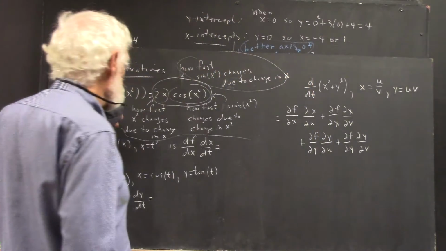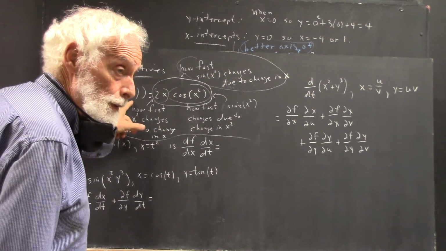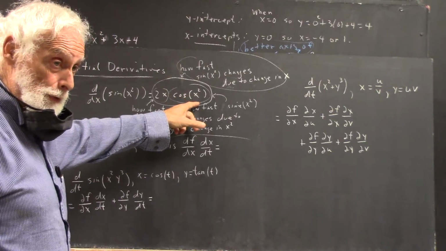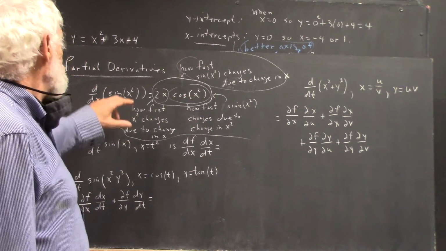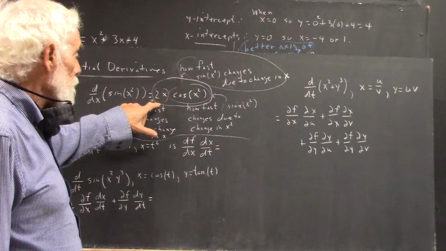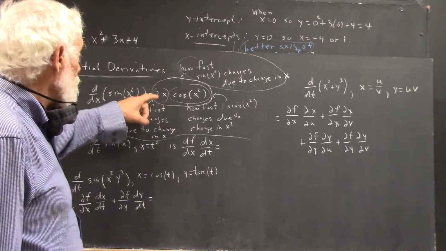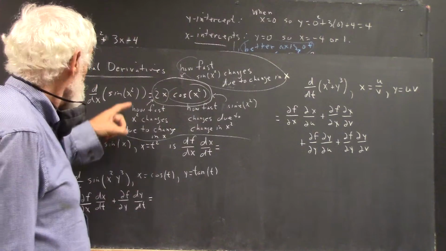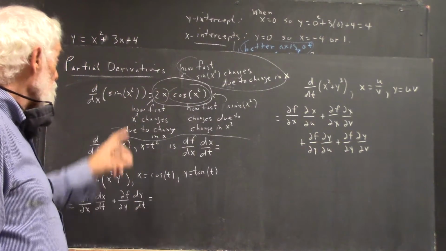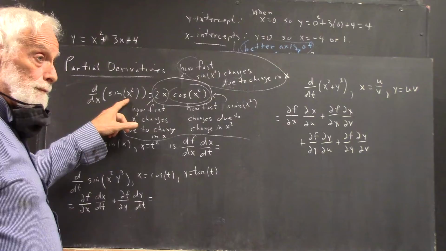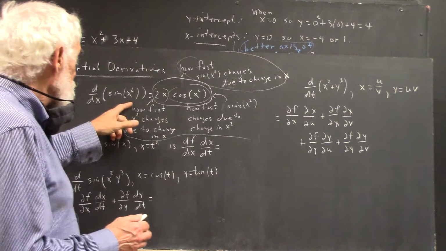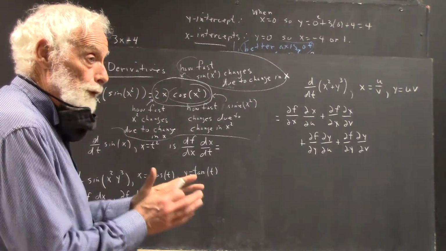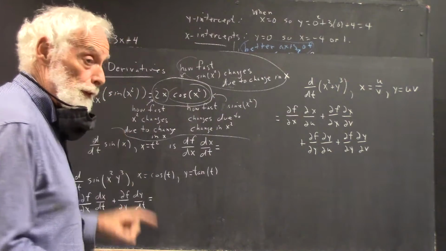So the sine changes because x squared changes, and this is the rate at which that happens, and x squared itself changes at a rate of 2x. Okay, that's how fast x squared changes. You multiply how fast this changes. You think of a change in x squared as driving the change in the sine function.